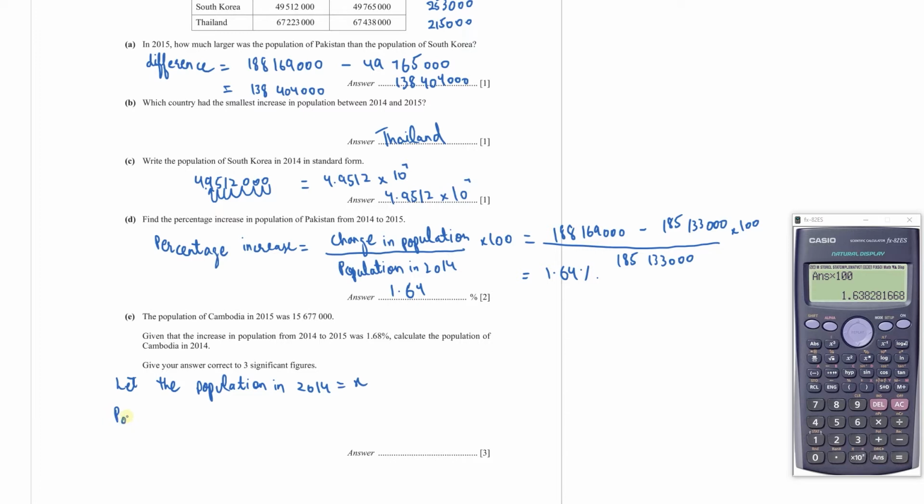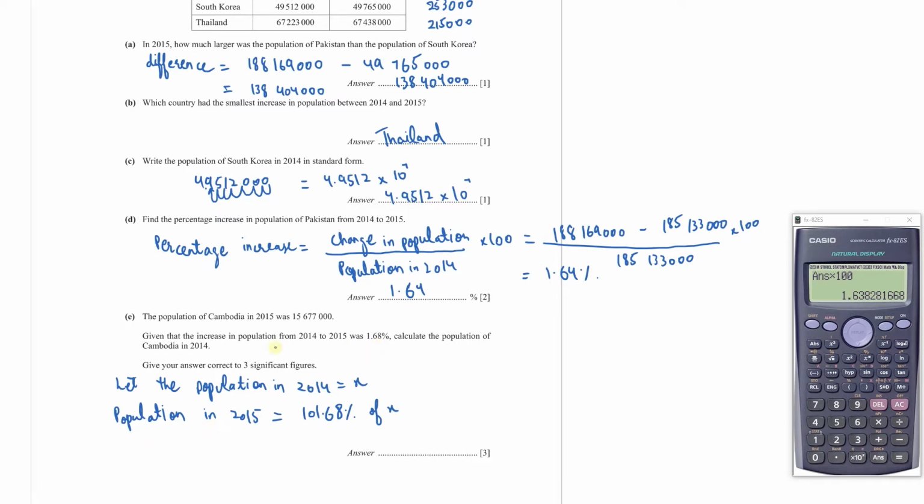So the population in 2015 will be 101.68% of X, where X is the population in 2014, because the percentage increase from 2014 to 2015 is 1.68%.